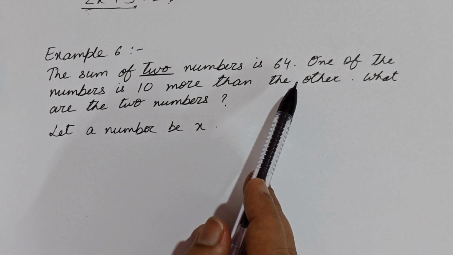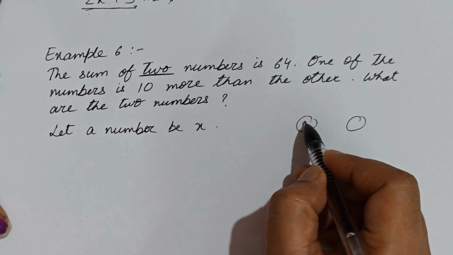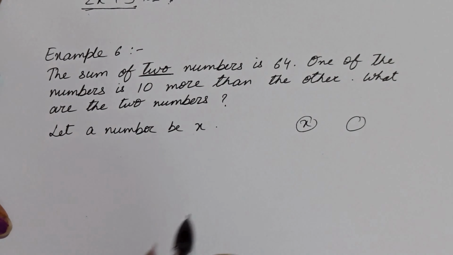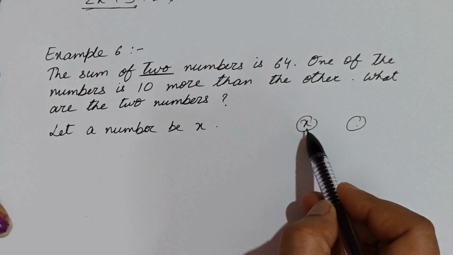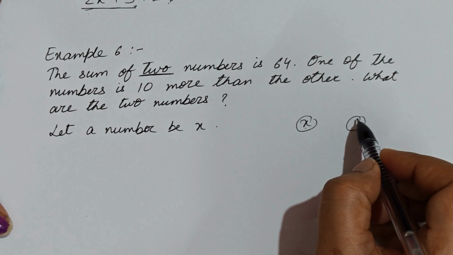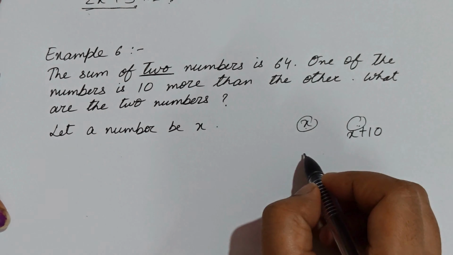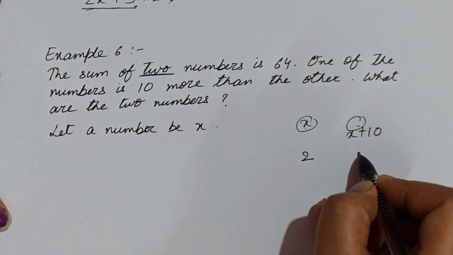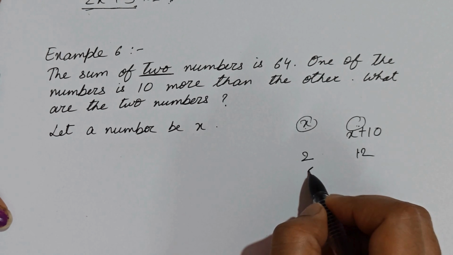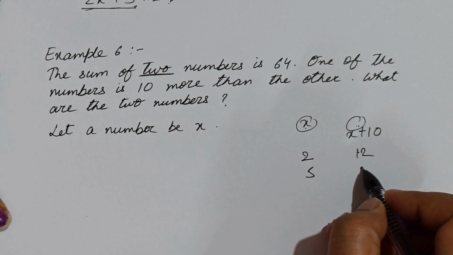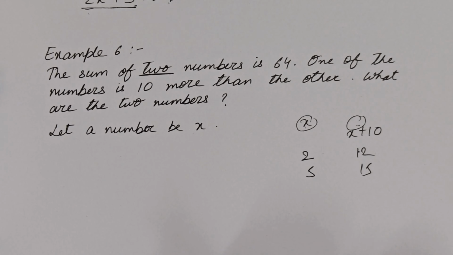That means if I am taking this as x, this number will be simply x plus 10, 10 more. For example, if this number is 2, it will be 10 plus 2, that is 12. If this number is 5, then this number will be 10 plus 5, 15. This I have just explained in general.